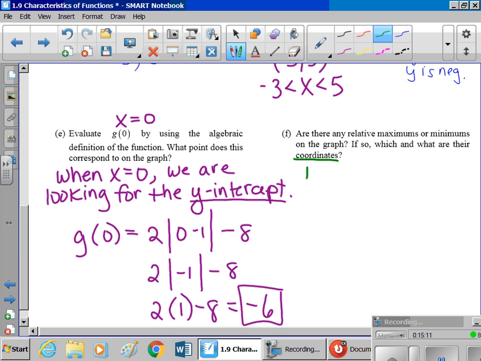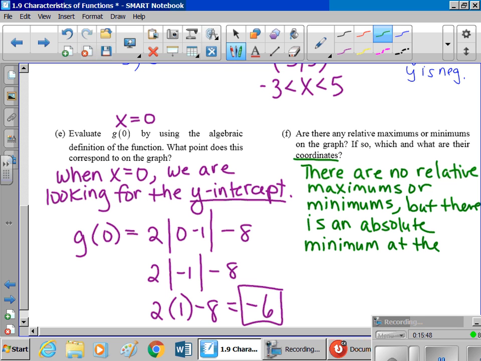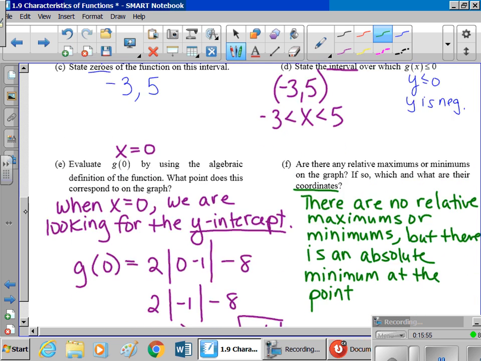I would say there are no relative maximums or minimums, but there is an absolute minimum at the point, now I forgot what it was, 1, -8.